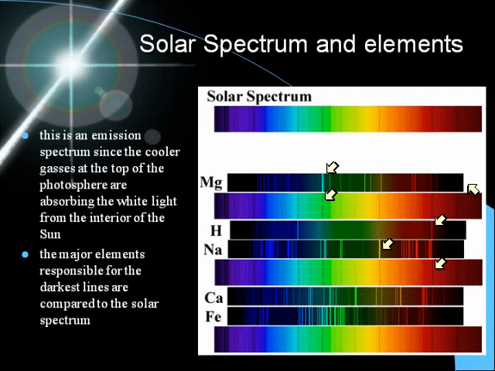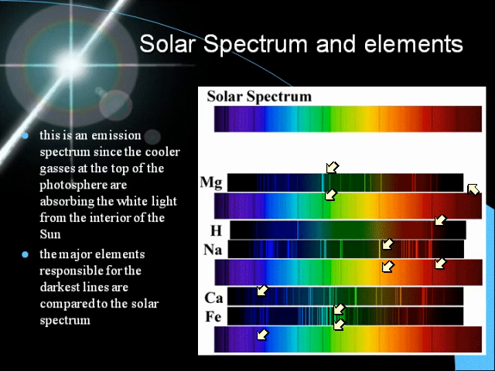Here's the sodium D line. Here's a sodium D line here. Here's a strong calcium line. There are strong calcium lines down here. Here's a calcium line here. And then, of course, there are some lines found in the iron spectrum, such as this one right here, which we see right there.